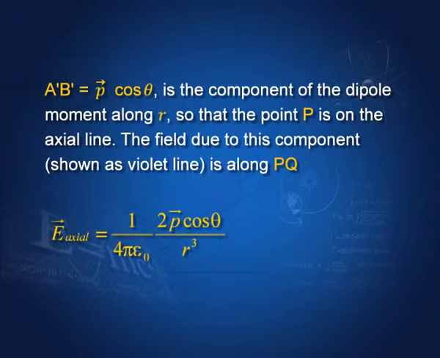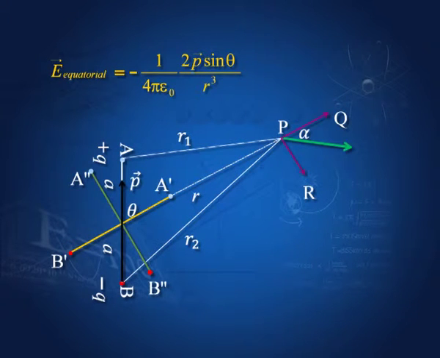Therefore, E axial is 1 by 4 pi epsilon 0 into 2p cos theta by r cubed, because cos theta was the component of the moment of the actual dipole, and on the equatorial line it is minus 1 by 4 pi epsilon 0 p by r cubed into sin theta, because this component is sin theta of the real or original dipole.